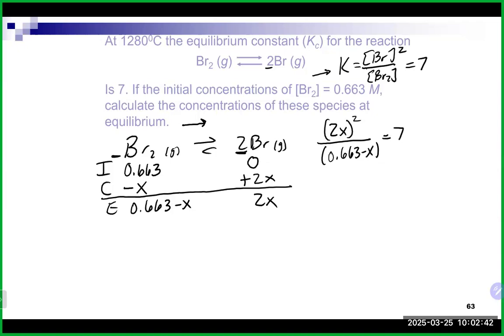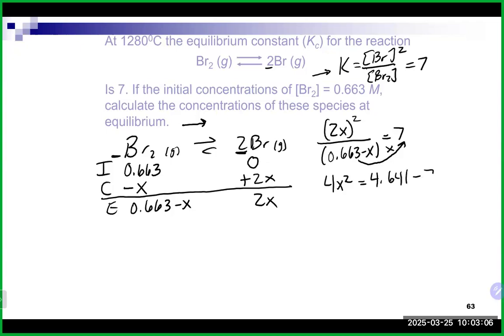So I have a little bit of math to do. We square the top, which gives me 4x squared. I'm going to move this to the other side by multiplying, so that equals 7 times 0.663.